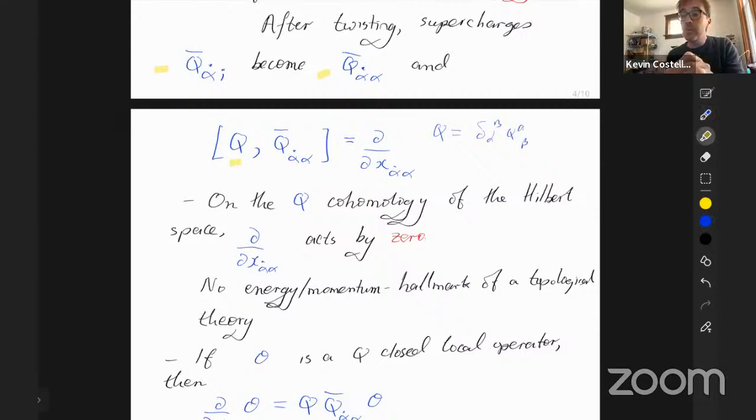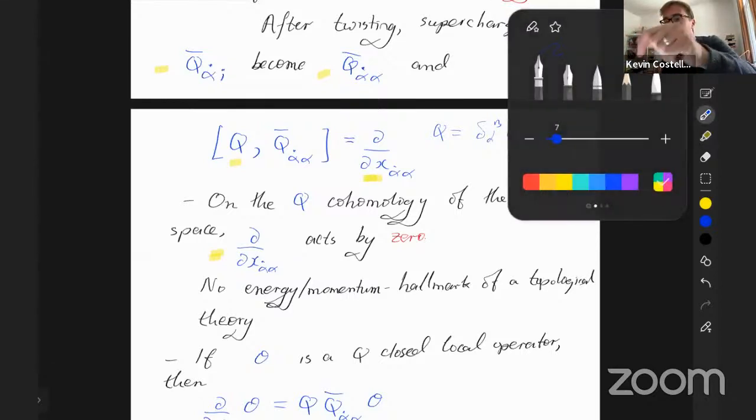When I commute it with Q bar alpha dot alpha, well, the only thing it can really become, if one thinks about the symmetry, is the operator of translation by the spacetime vector x alpha dot alpha. So what this means is that on the Q cohomology, this translation vanishes.